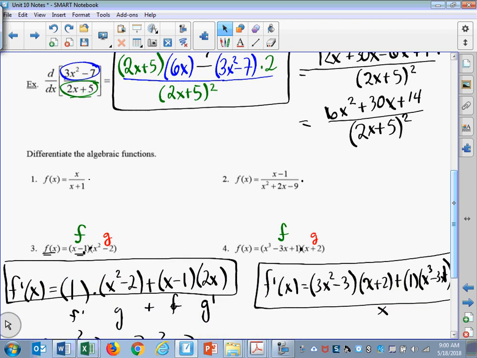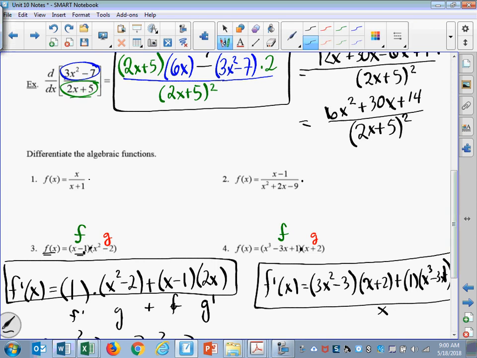Okay, well let's try the next one. So here, let's take the derivative of f, number 1 down here. This one's going to use the quotient rule because we have a fraction here. So remember what the formula says. It says low, the denominator, d high, the derivative of the numerator is just 1, minus, quotient rule says minus, high is just x, d low is 1, all over the denominator squared, that's low squared, just like that.